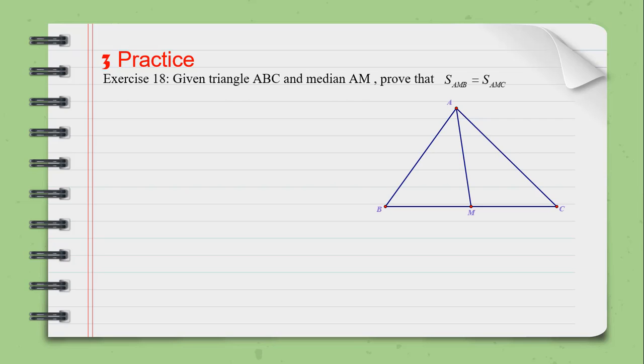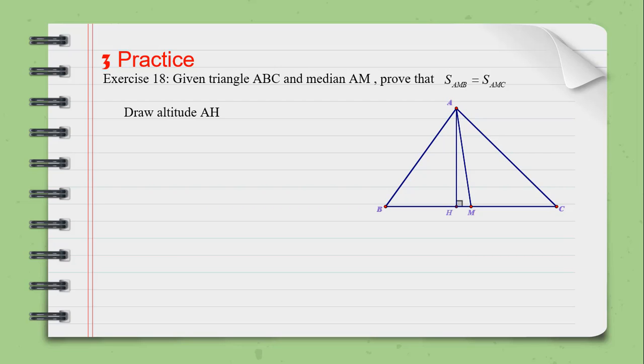Exercise 18. Given triangle ABC and median AM, prove that the area of triangle AMB is equal to the area of triangle AMC.